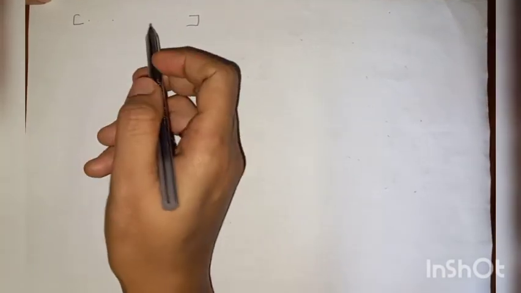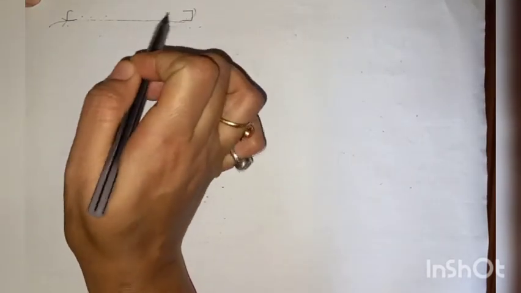So first we have to decide the size of the list. How many elements are present in that list, that is, how many elements are to be added into this list.